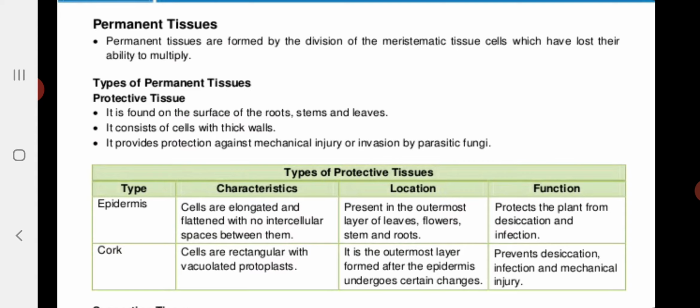The types of permanent tissues: protective tissues are divided into epidermis and cork. They are found at the surface of the root, stem and leaves.